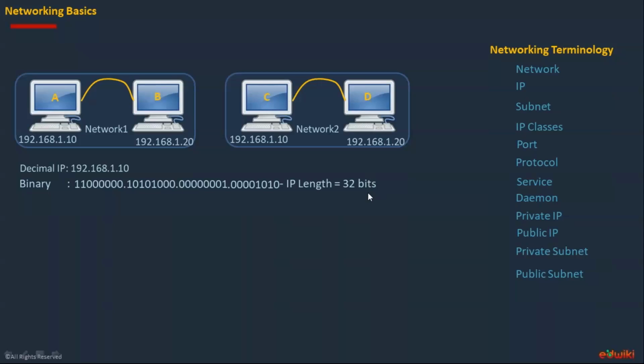So my statement is: any given IPv4 address length is 32 bits. Are we good with this? Because your IP address is converted into the binary format, the total number of bits will be 32. That's the reason an IPv4 address length is 32 bits.